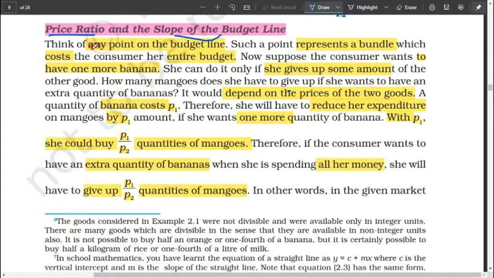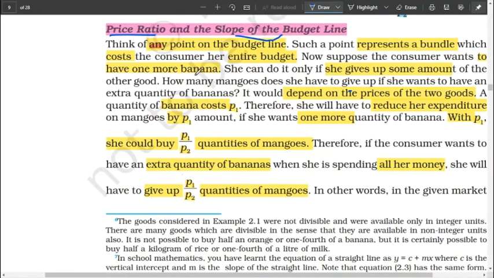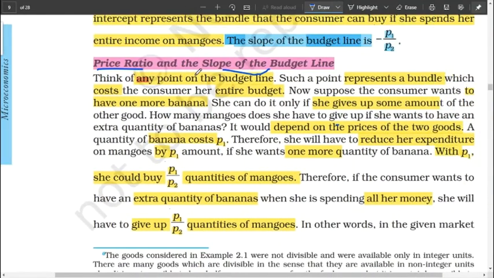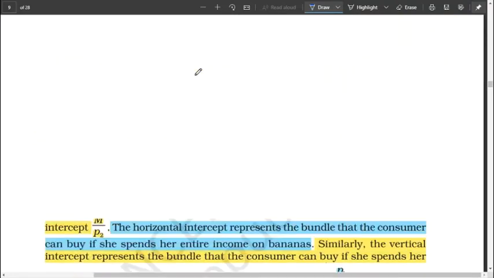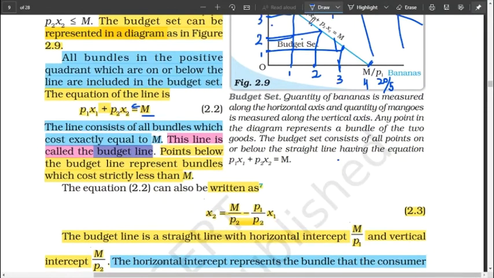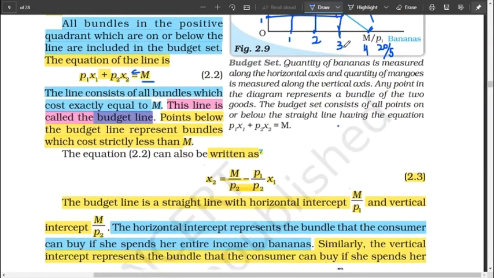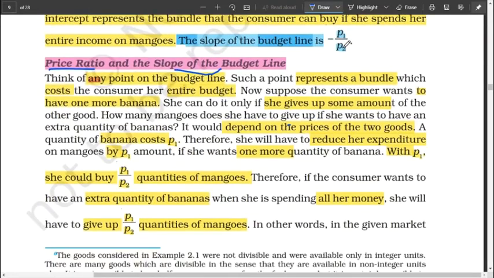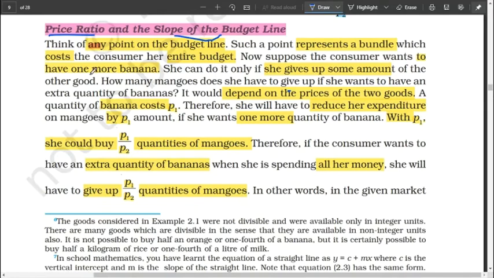Okay, so what is the relation between these two? Any point on the budget line represents a bundle where you spend the entire budget. Here you spend the whole 20 rupees, and anywhere on the budget line you spend the whole 20 rupees. So to have one more banana, you have to give up some of the mangoes.